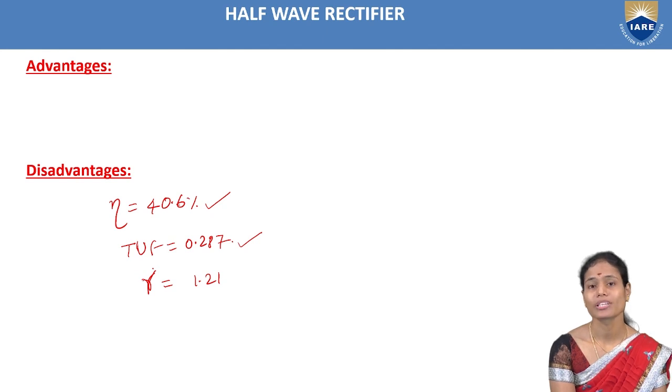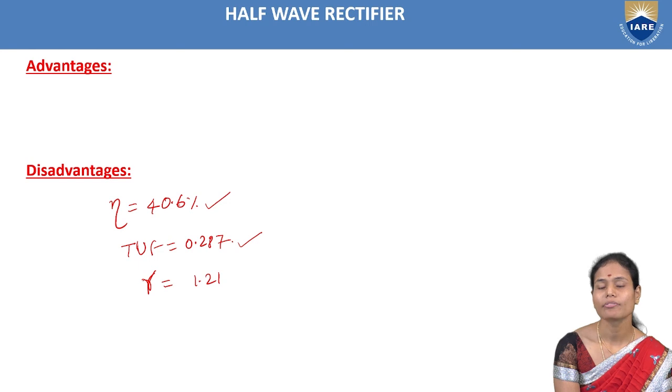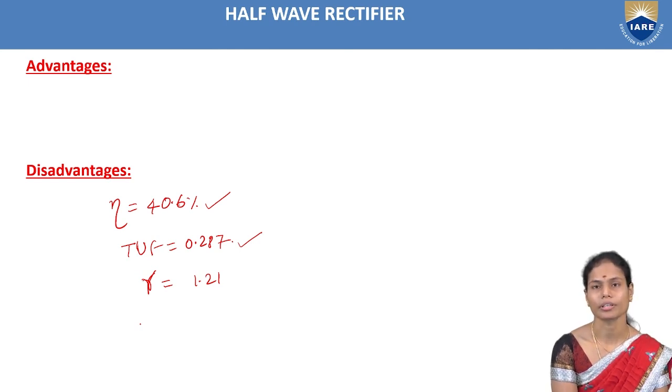And instead, we are going to utilize the total full power for conversion of AC to DC in the case of full wave rectifiers. So these are the advantages of the full wave rectifier compared to the half wave rectifier. To overcome the disadvantages of the half wave rectifier, we are going to utilize the full wave rectifier.